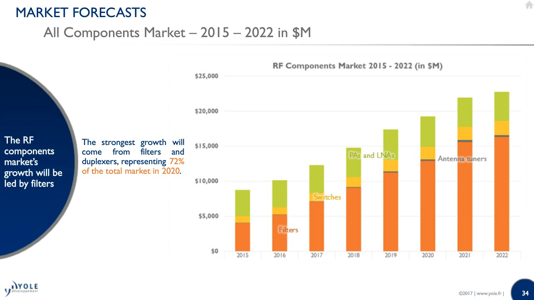Filters today represent around 50% of the market, in 2016 at least, and we anticipate they will represent more than 72% of the market in 2020. So a lot of filtering because we are using a lot of different RF paths. We're using more carriers to send and support the data, again meaning more filtering to choose the right frequency. So that's a highly growing area.